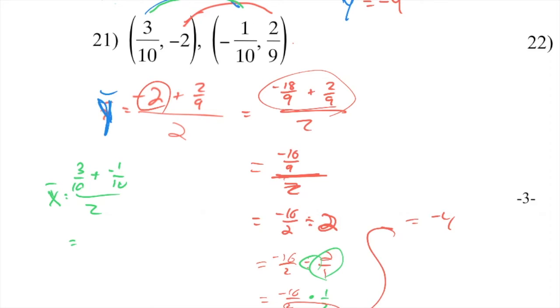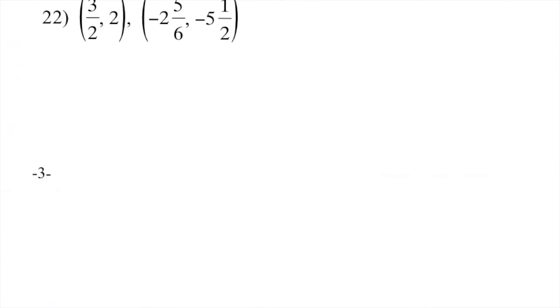All right. Last but certainly not least, the midpoint for this. Let's find it for x first. Here's x hat: 3 halves plus negative 2 and 5 sixths, divided by 2. 2 is 12 sixths and 5 sixths, so that's 17 sixths all over 2.